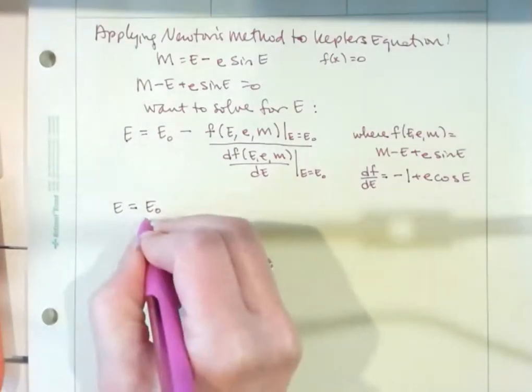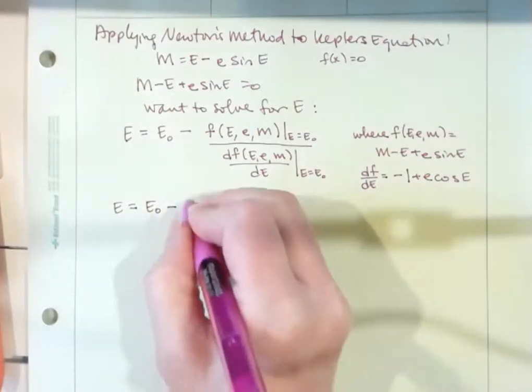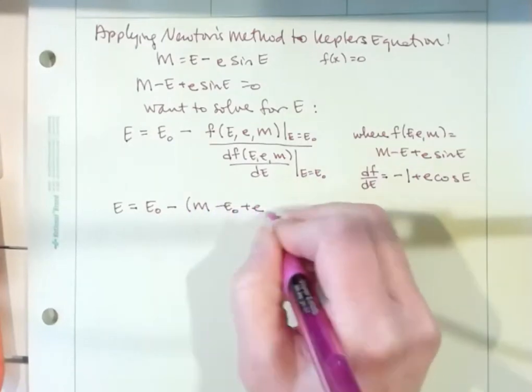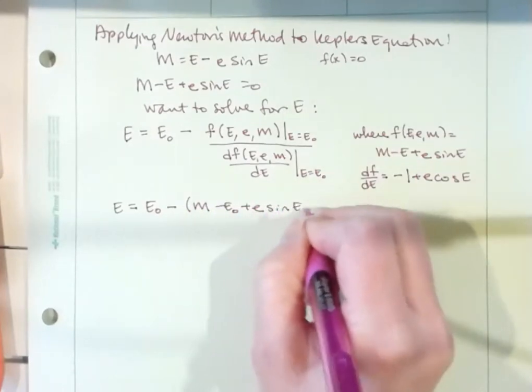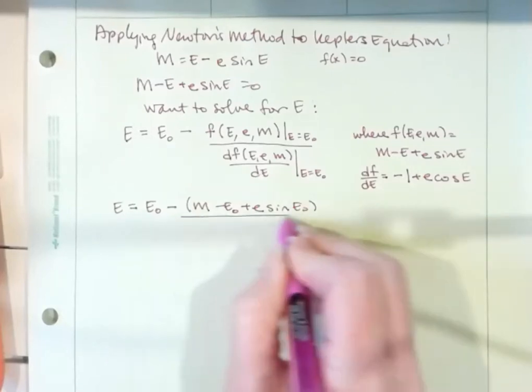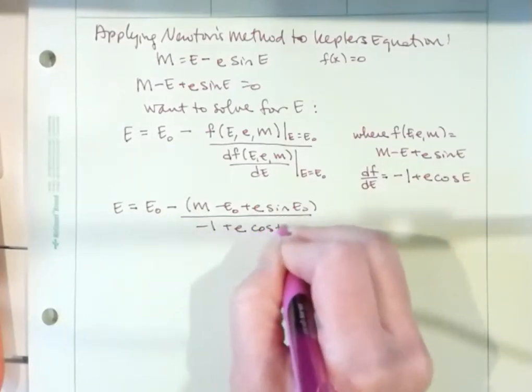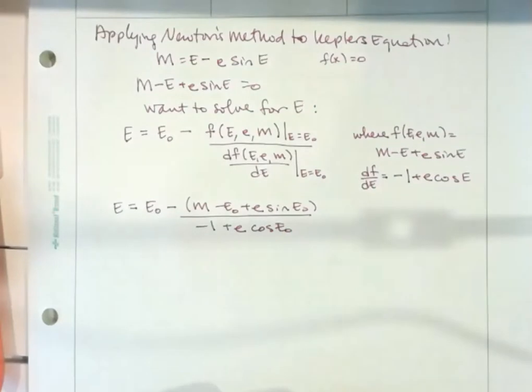So E is going to equal E0 minus M minus E0 plus e sine E0, and we're going to put that over -1 plus e cosine E0.